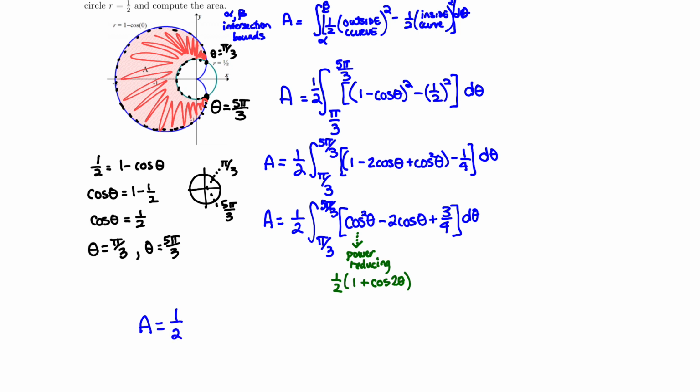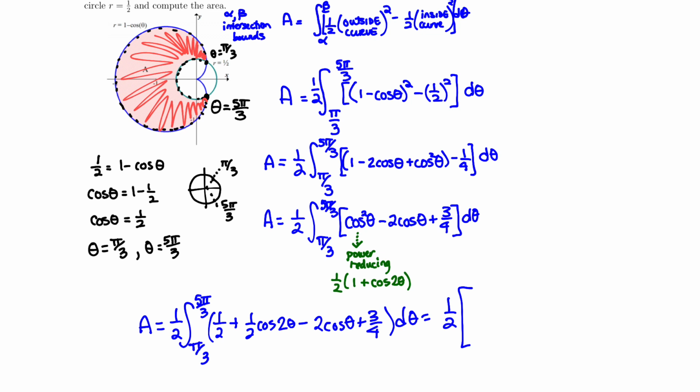A is 1/2 from pi over 3 to 5 pi over 3. Like you said, Drew, because they're all added, we can separate them and look at them separately. Actually, I think I'll do it that way. I think I'll multiply that in. So that's 1/2 plus 1/2 cosine 2 theta minus 2 cosine theta plus 3/4, and then d theta at the back end.